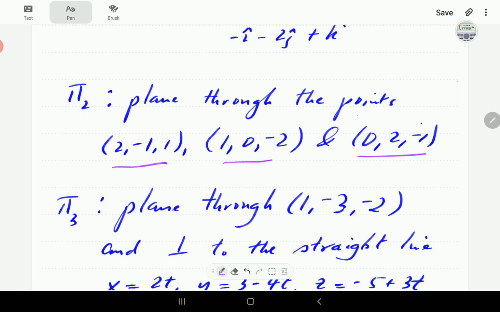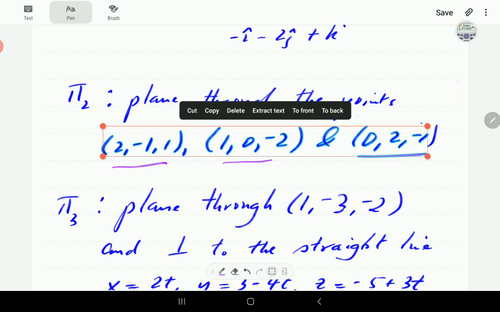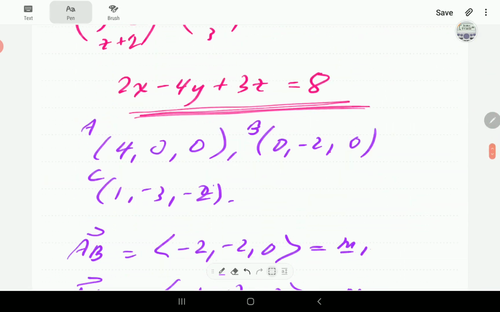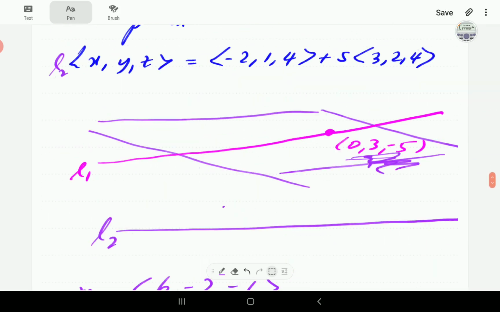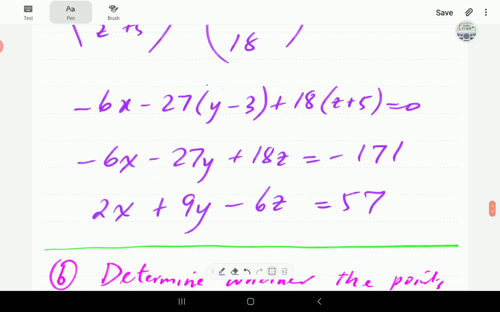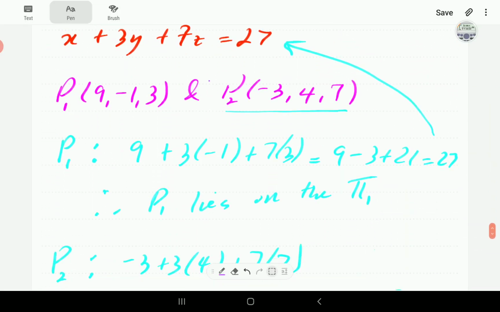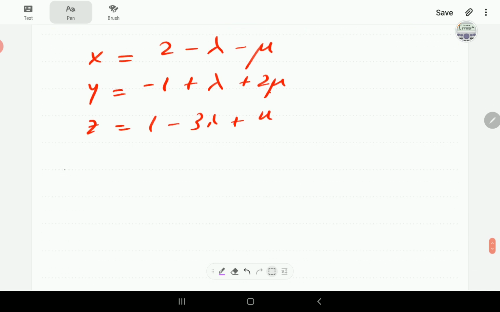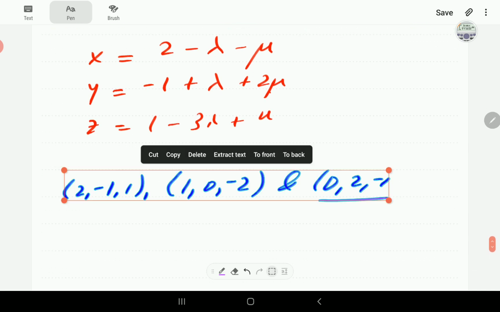So if the question says generate 2 other points, that means besides these ones that were given. So I'm going to bring them down again, so that as we generate points, if we get one which is the same as the ones that were given, then we're going to keep generating. So these ones were given. All right.